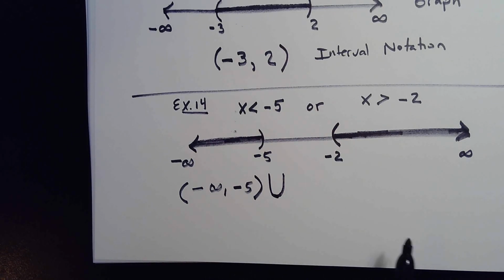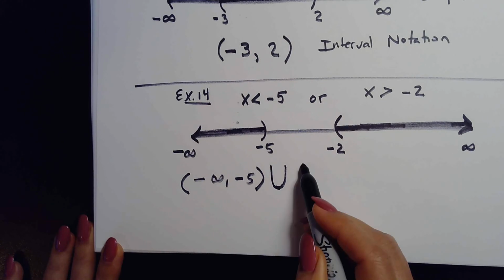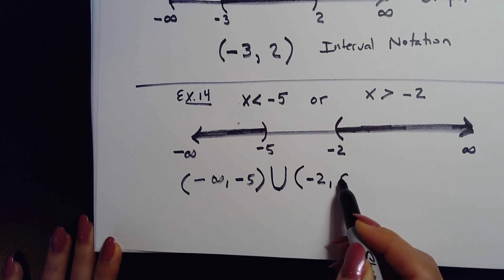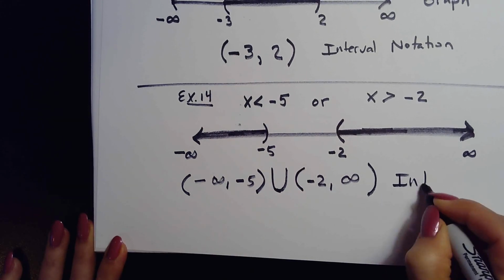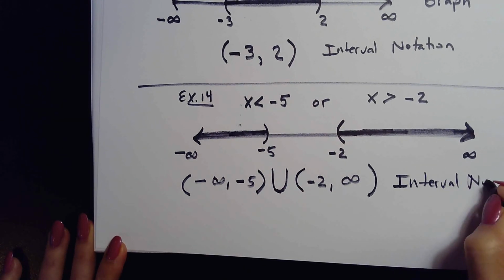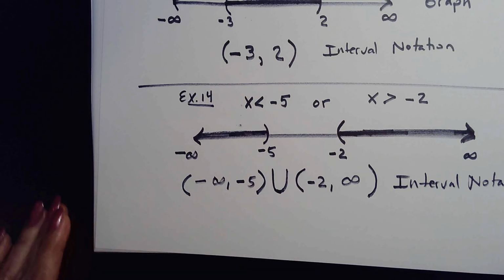So try to use the union symbol if you find it in the symbols given to you when you do the homework, or try to put a comma. So I'll show you both ways, right? But let me finish this one. So union, and then parentheses, negative 2, comma, infinity, parentheses. So this is interval notation. This is one way to write it.